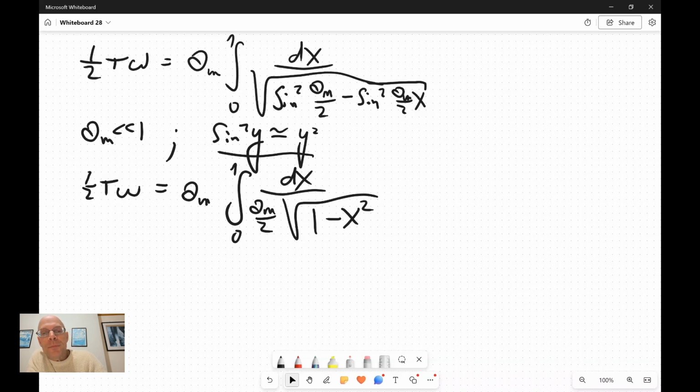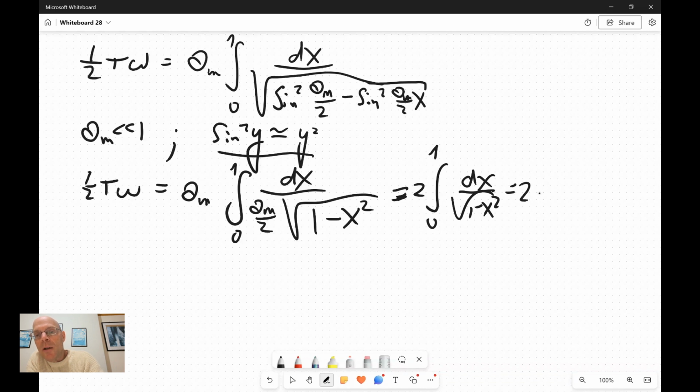So this is 2 times this integral, which is 2 times arcsine 1, and this is 2 times pi over 2, namely pi.